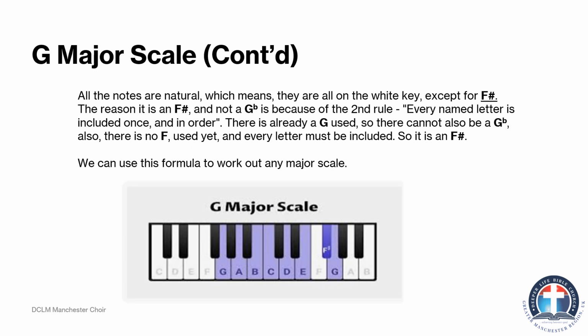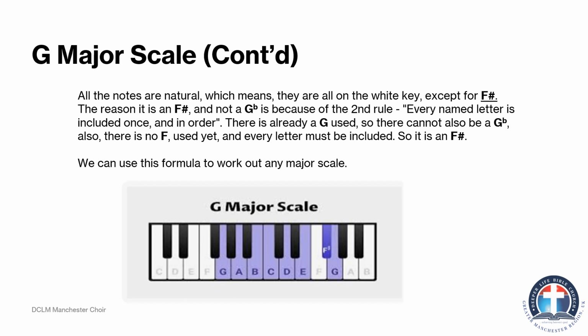Now here, all the notes are natural, which means they are all on the white keys, except for F sharp. The reason it is an F sharp and not a G flat is because of the second rule. We must not forget the second rule. It says every named letter is included once and in order.